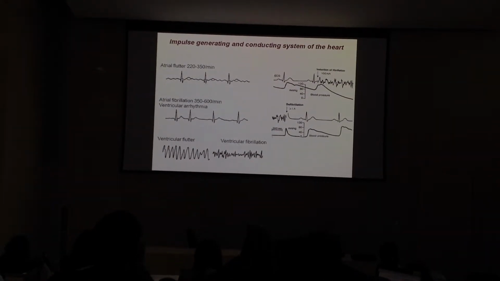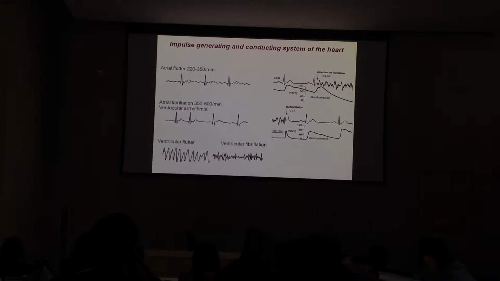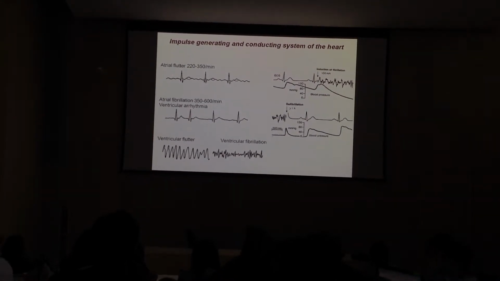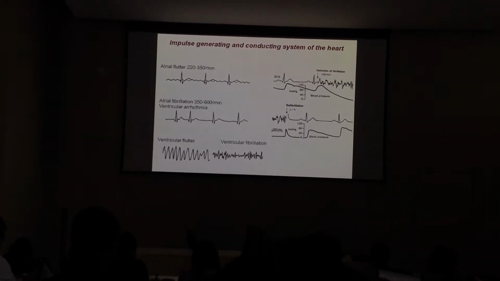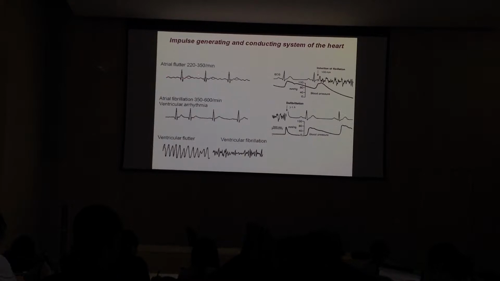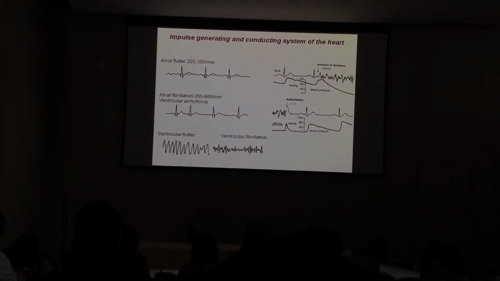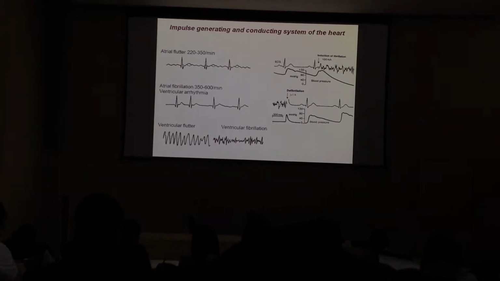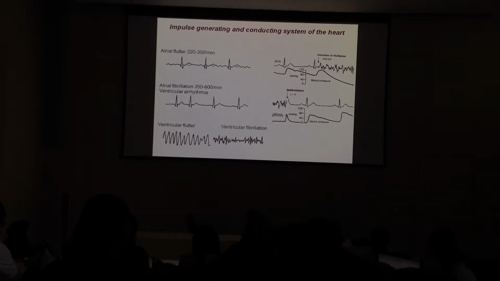What does fibrillation mean? Fibrillation means that the frequency is very high. When the atrium fibrillates, you see that the frequency is 220 to 350 per minute. Very high frequency. And in the ECG report, you cannot differentiate the T waves.